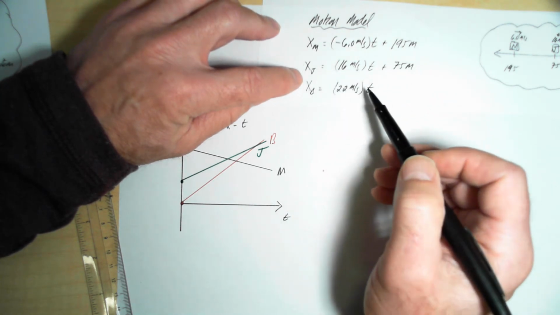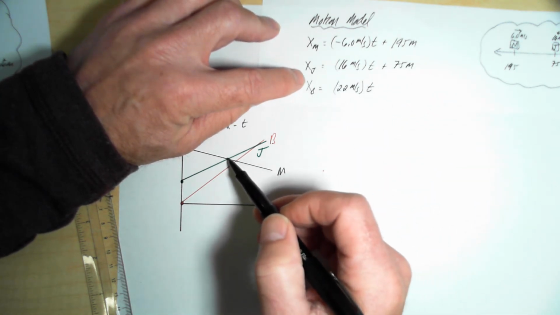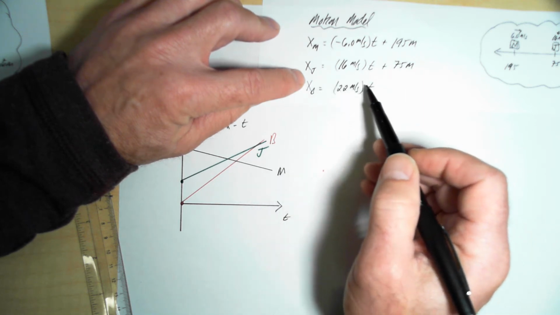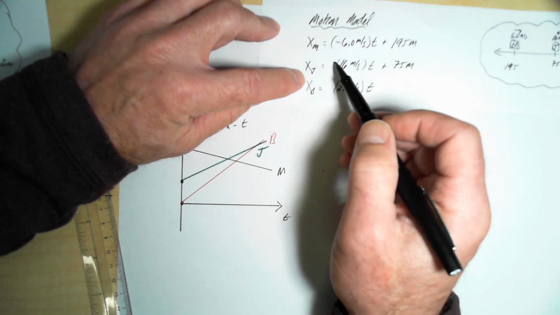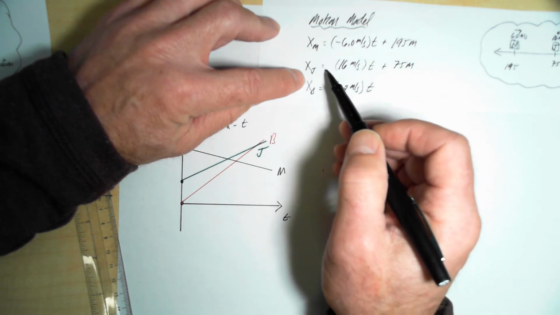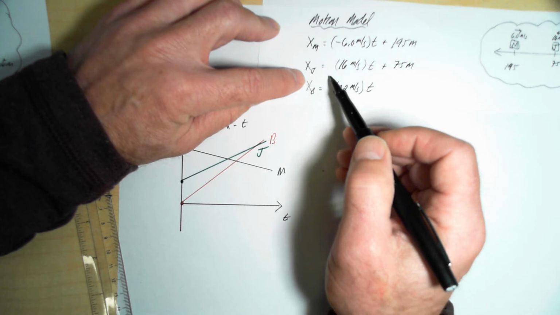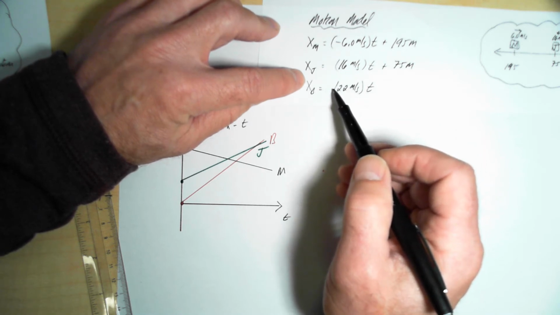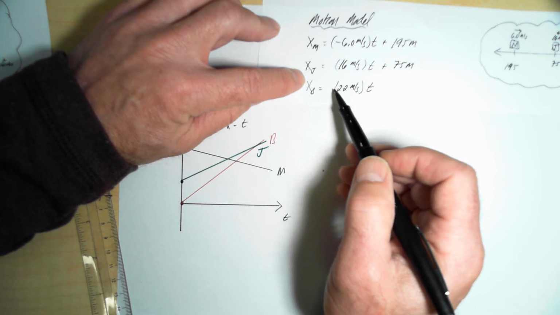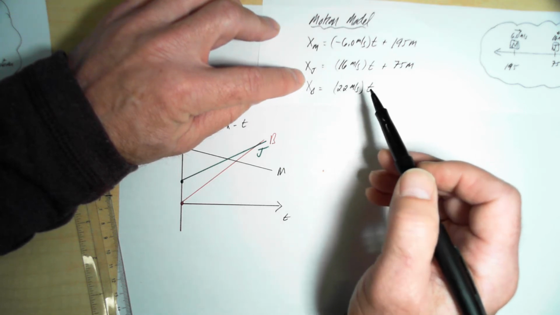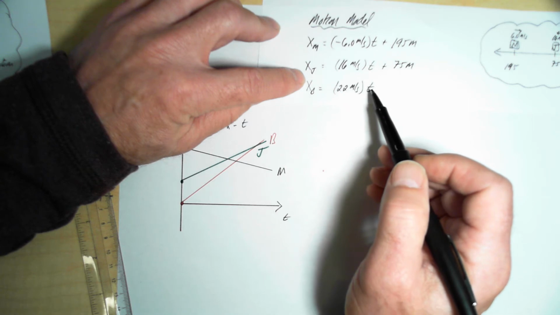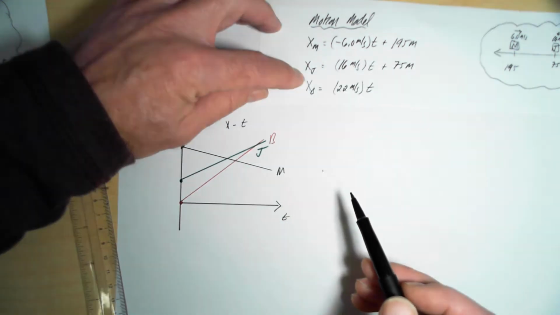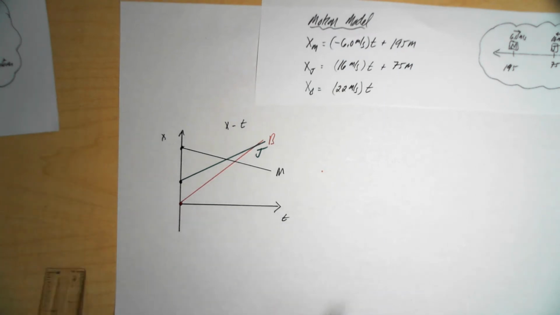If I knew the time when monster meets Justin, I could figure out the position of the bus. And so the distance between Justin and the bus would just be the distance between these two positions. So what I really want to know, the heart of this problem, is time. When will Justin and the monster meet? Because then I just plug the time in and I get my respective positions, and I get the distance as the difference between those two.